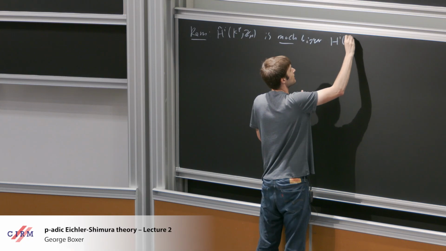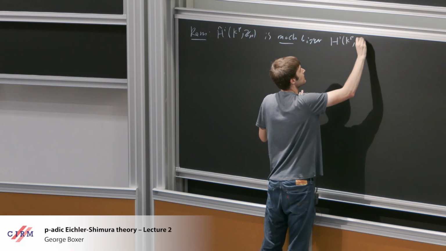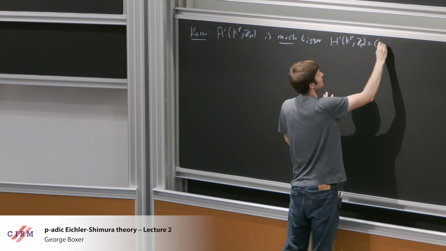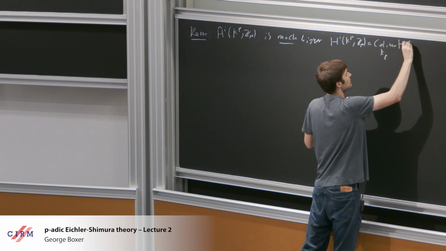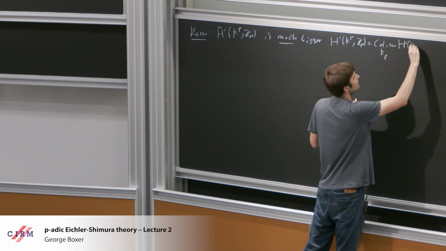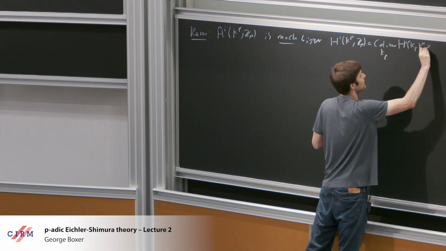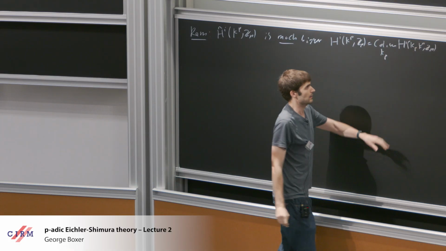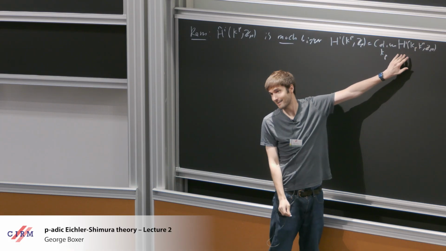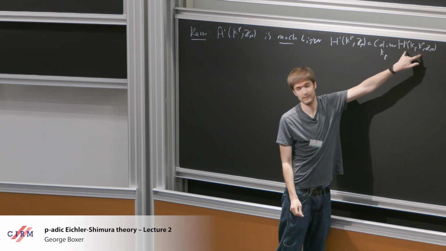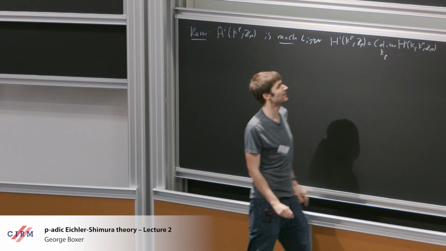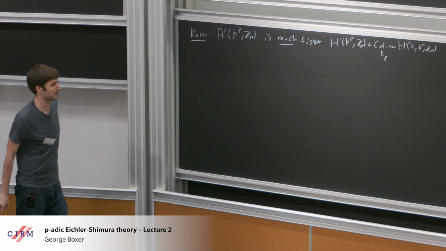I'll call it H^i(K_pK^p, Z_p), which is just the colimit over K_p of the classical cohomologies with Z_p coefficients. And if you like, that's also the limit over s of the classical cohomologies with Z mod p^s coefficients. So these things are finite Z_p modules, and so they're already p-adically complete.